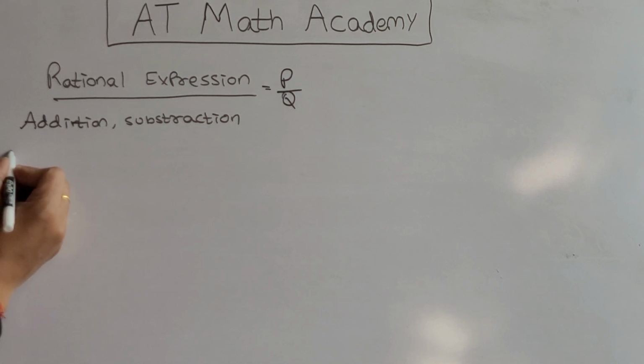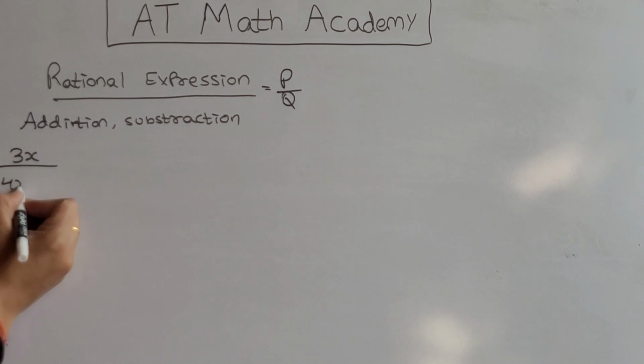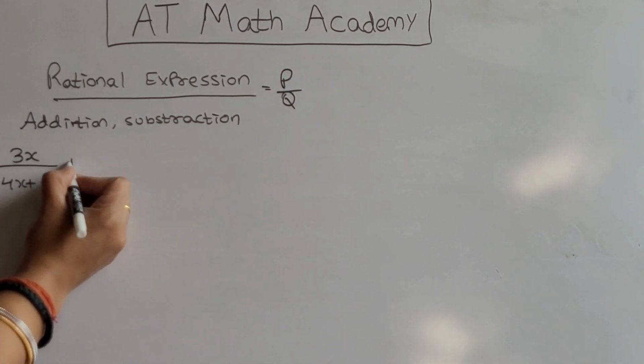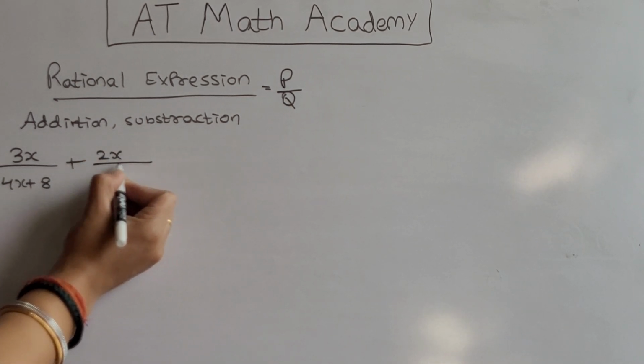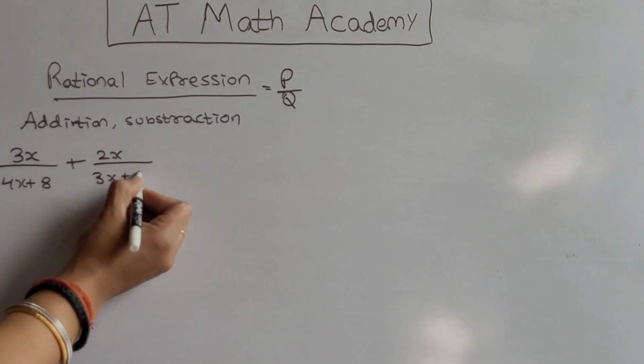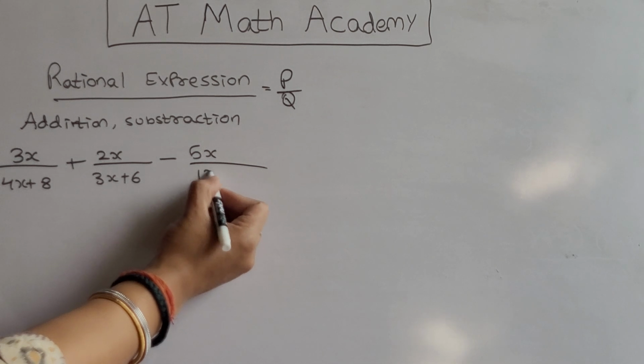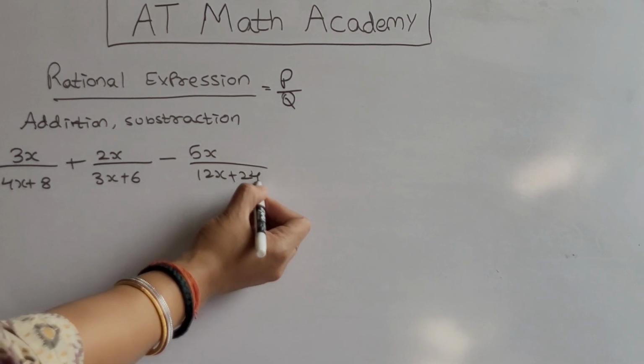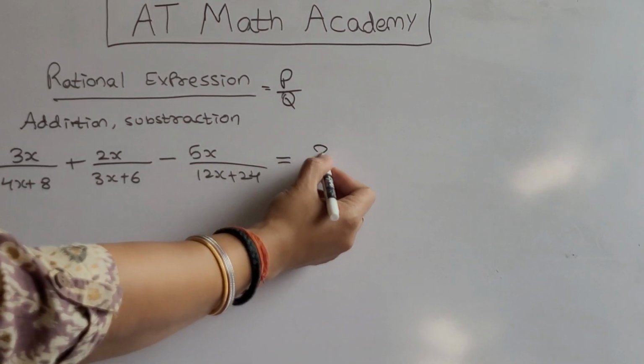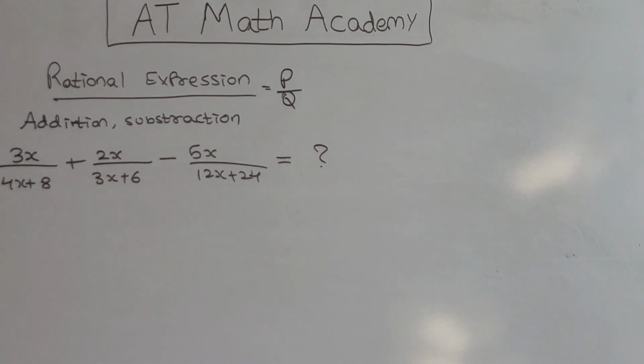My expression for today is 3x by 4x plus 8 plus 2x by 3x plus 6 minus 5x by 12x plus 24 is equal to how much? We are going to simplify this expression.